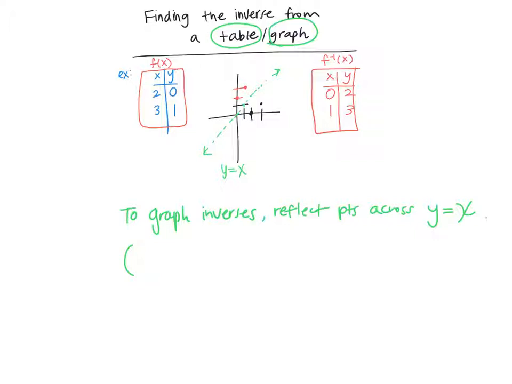Again, when you have a table or when you're plotting the points, it's the same as switching the x and y values in each pair, because remember, in inverse functions, you swap the x and y.